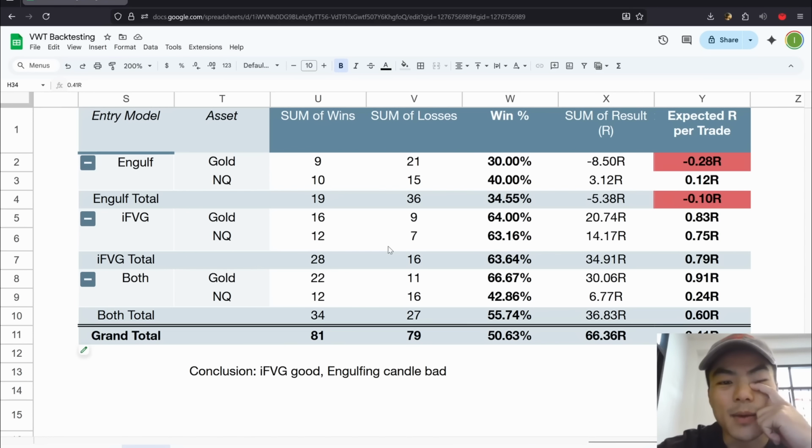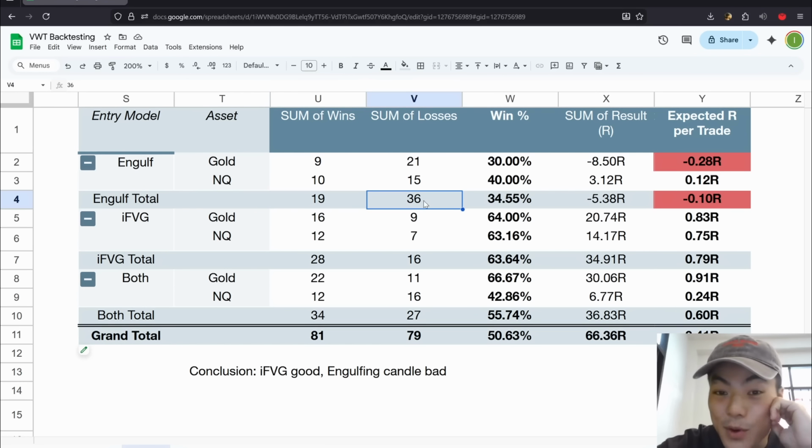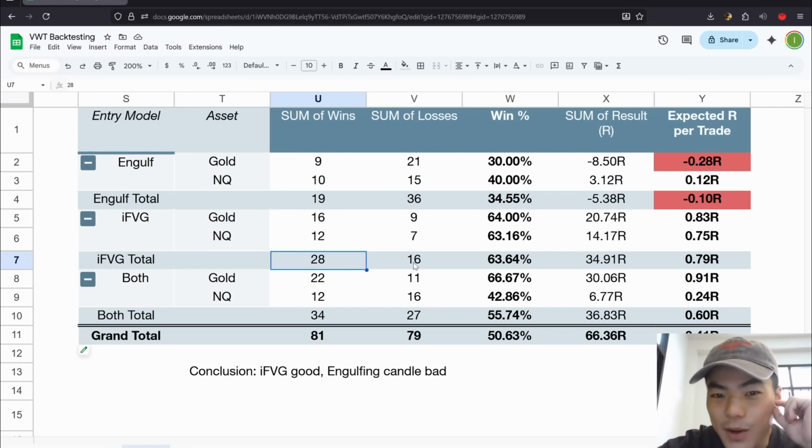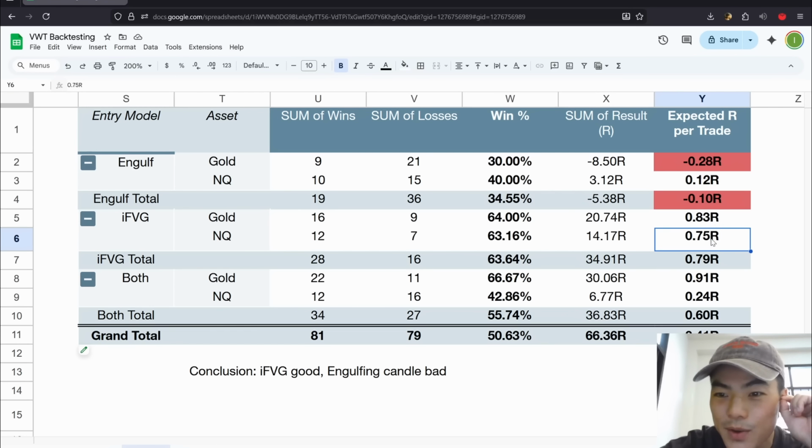Yeah, so if we break it down by entry model and asset, we can see clearly just engulfing trades just did not work out. So it was 19 wins, 36 losses for 34% win rate. If we look at inverse fair value gap entries, 28 wins, 16 losses, 0.79 expected R, pretty similar on gold and NQ.